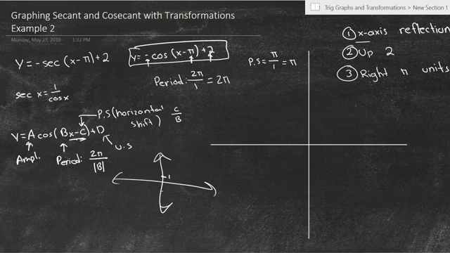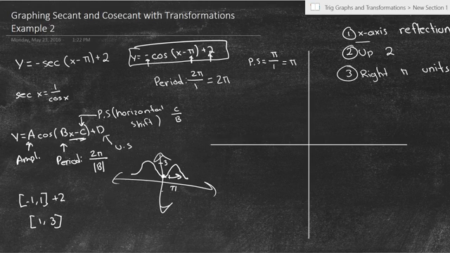We were going from negative 1 to 1, then we just went up 2, so now we're going to be going from 1 to 3. So this point's 1, this point's 3, and we're starting at the bottom now, and going up, and then going up and down. And then right pi units, so we're just going to move this whole graph to the right by pi.